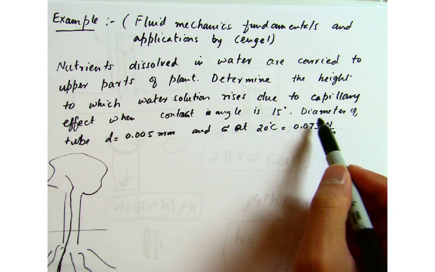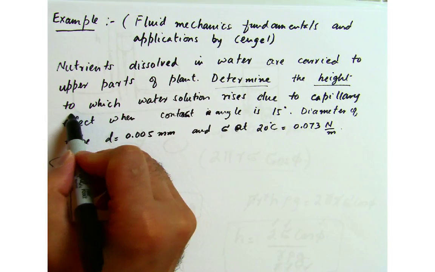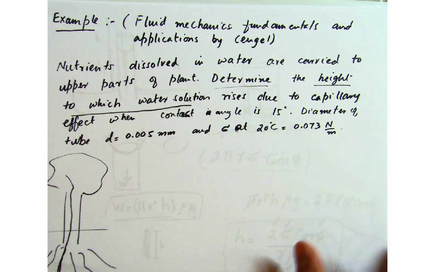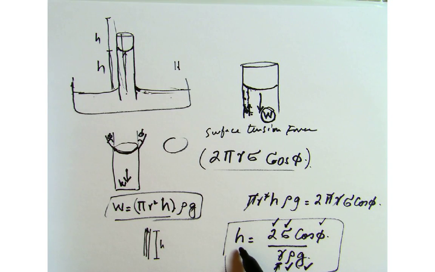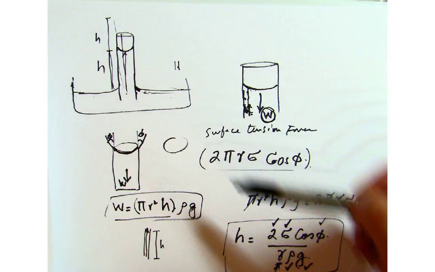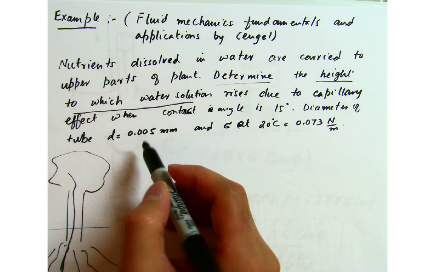So what we want to find out is the height to which the water solution rises. Again, we have developed that equation in the previous slide. As you can notice, this tells us how high the fluid can rise based on the radius of that tube in this case.